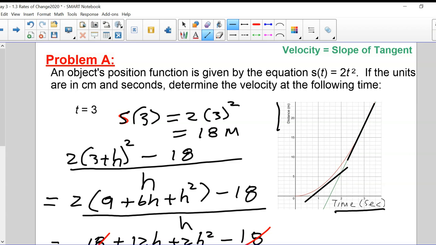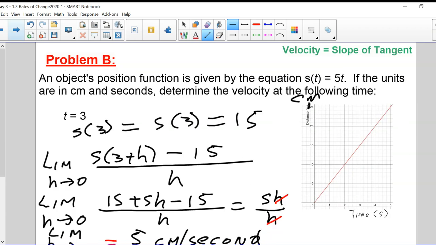Wouldn't you accept that the slope is changing on a quadratic function, as opposed to a straight line where the slope is constant? A straight line doesn't change its slope unless you have a piecewise function, where there's one line that represents up to a certain point and another line represents the rest. No, in a straight line, it has the same slope everywhere.